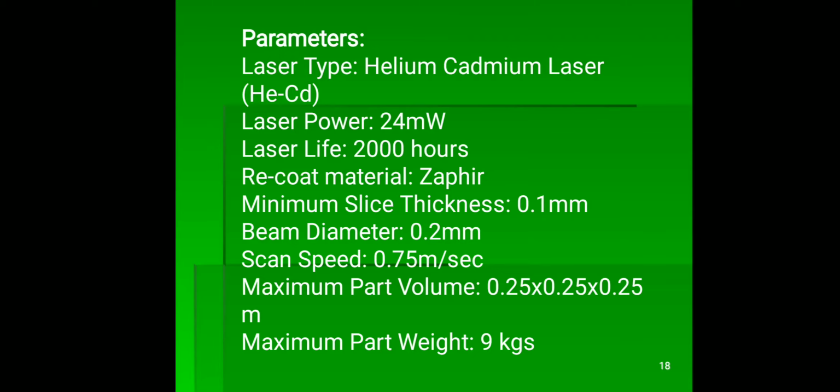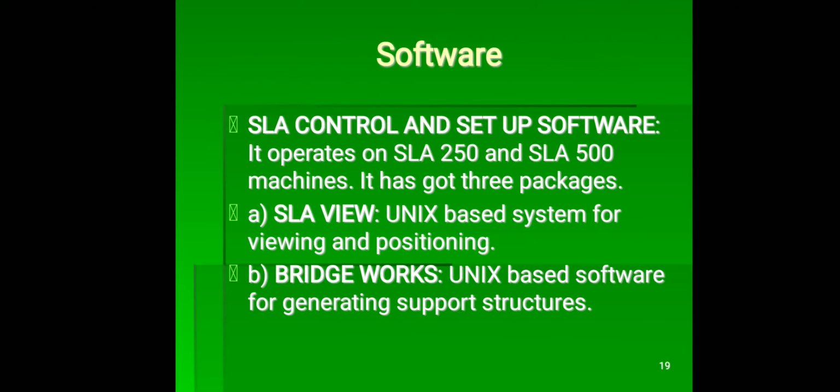So these are the parameters which must be considered while producing any component through stereolithography technology.